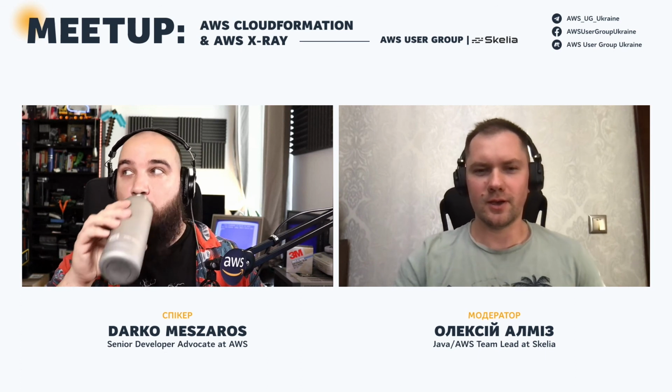I found one very good question: how to debug and find errors in a CloudFormation configuration file. There are a couple of tools out there that can help you with writing your CloudFormation templates.